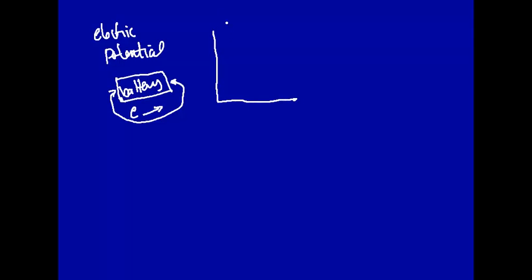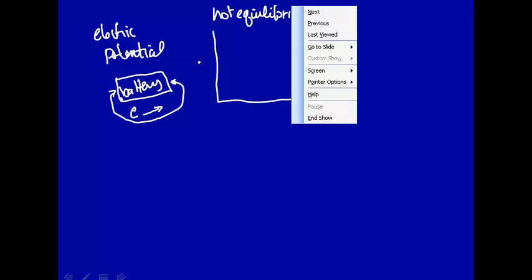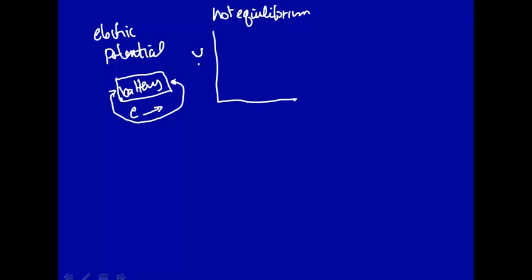Electrons will flow from a region of high electric potential to a low one. So when you're not at equilibrium, if you plot the electric potential, psi, against some spatial coordinate, over here you have a high electric potential and down here a low one. Electrons will flow from where the potential is high down to where it is low.